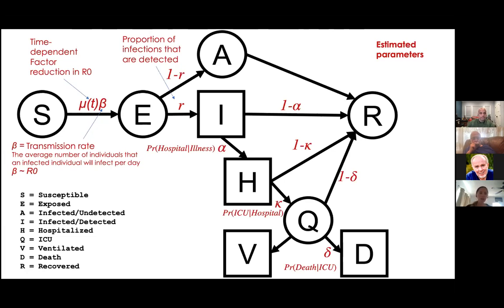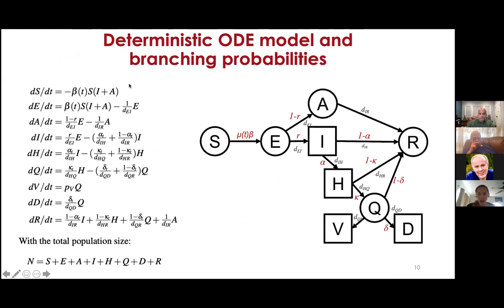Can you go to the next slide? So this shows us that each of the arrows in the flow diagram has a transition time associated with it, the inverse of which is the transition rate from one compartment to the next.